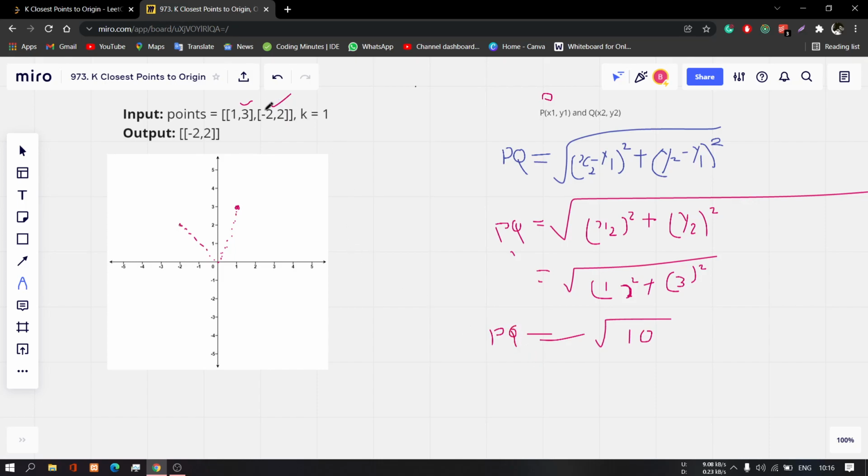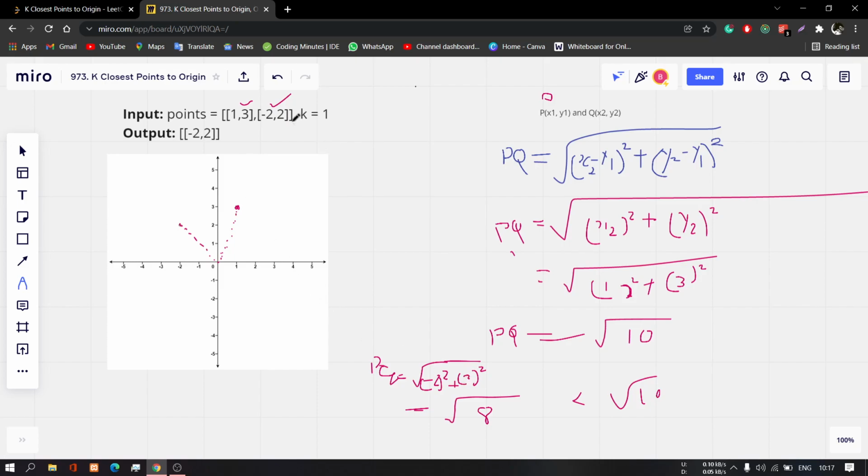And for this one, minus 2 comma 2, pq equals root of minus 2 square plus positive 2 square, so it is root of 4 plus 4, which is 8, root of 8. So you can say that root of 8 is of course smaller than root of 10, so the closest point is minus 2 comma 2.